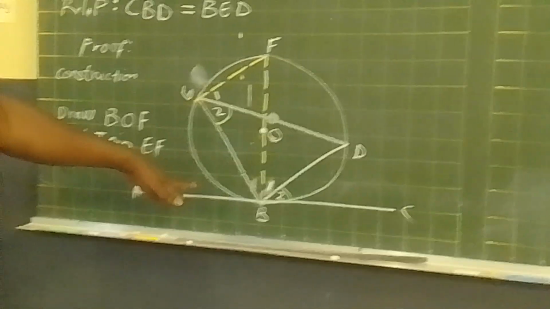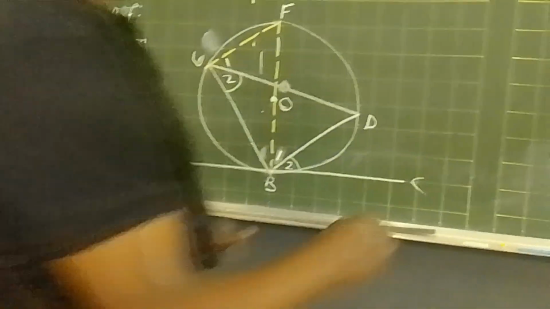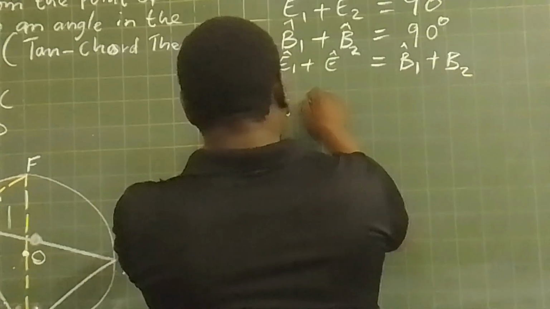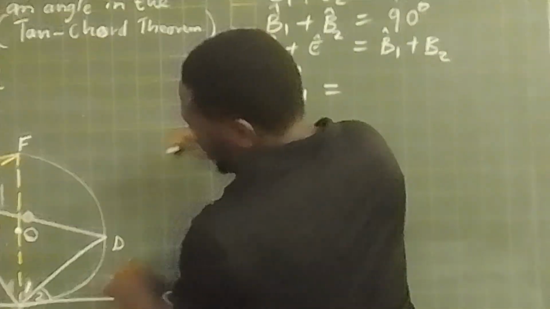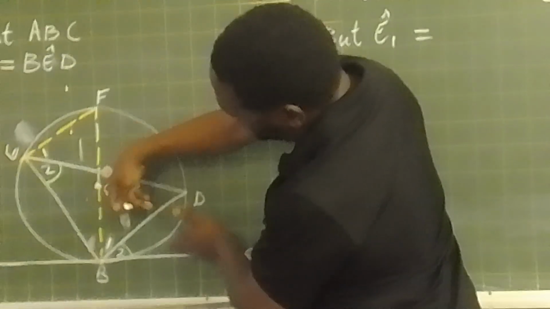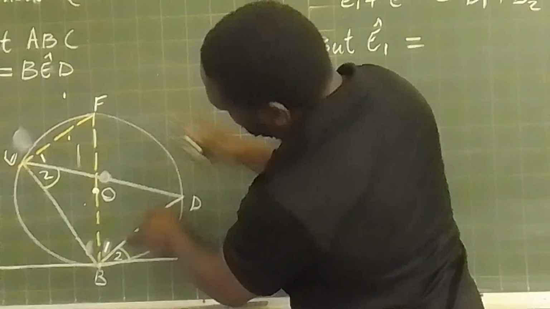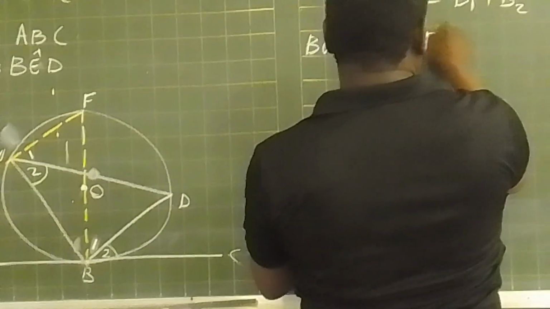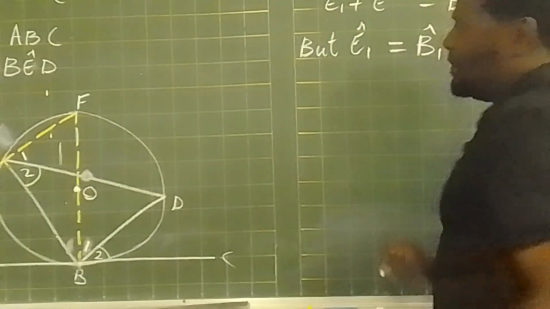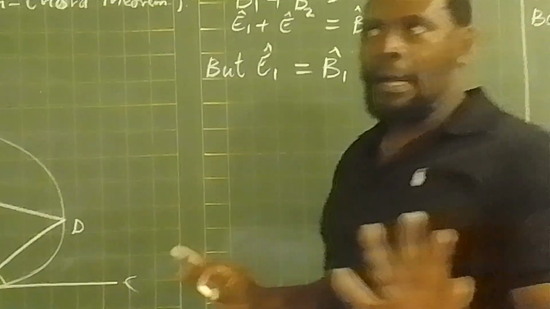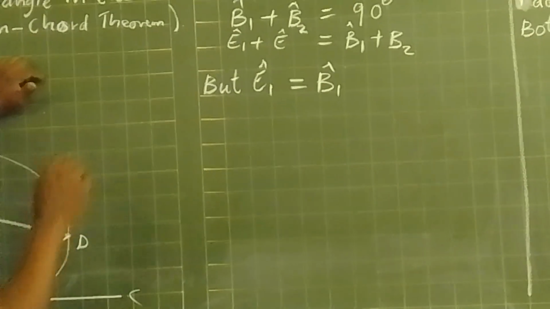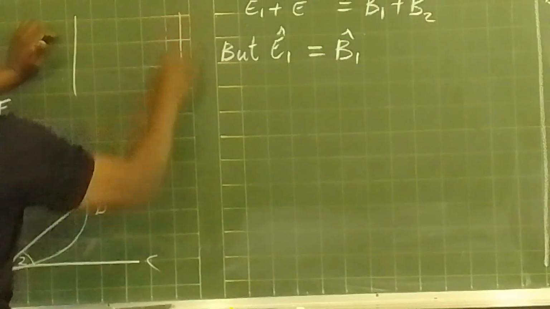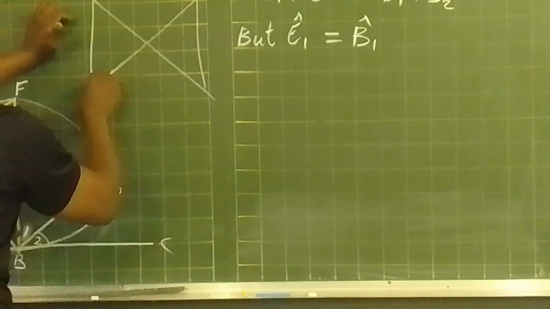Then E1 is equal to angle B1. You remember it was Theorem 4, the butterfly theorem.